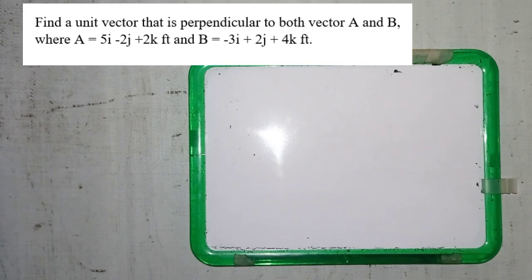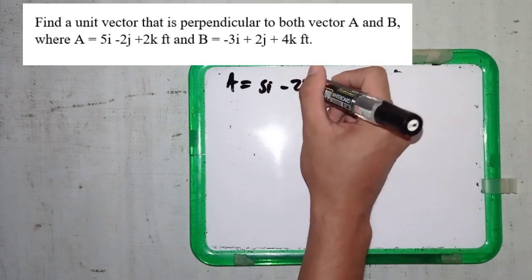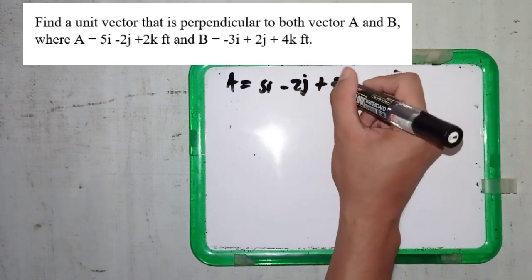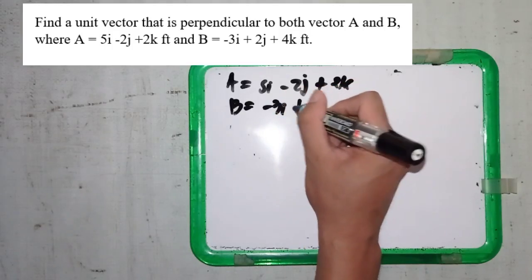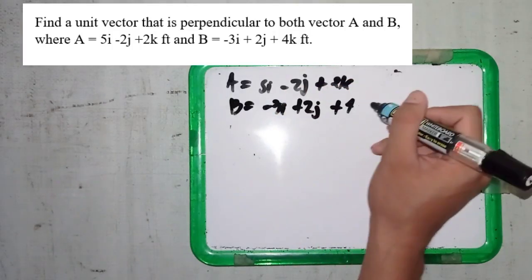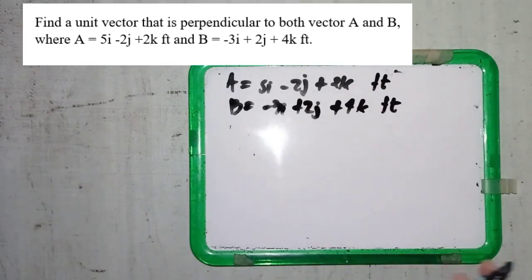So our given here is 5i minus 2j plus 2k, and B is equal to negative 3i plus 2j plus 4k. Both of them are feet unit. And next is we need to find its unit vector.